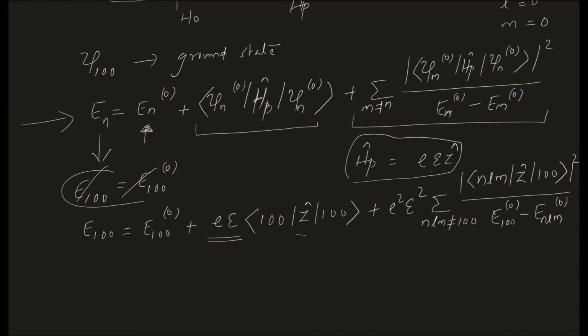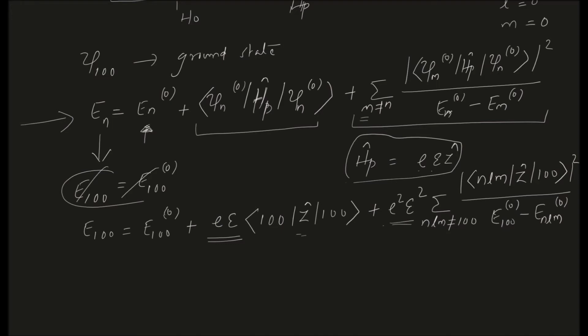Here also we have the square of those things, so we have E square, capital E square. Now in place of index m, we have these quantum numbers n, l, m. We have to consider the effect from all these quantum numbers n, l, m. So we have written it in this way.